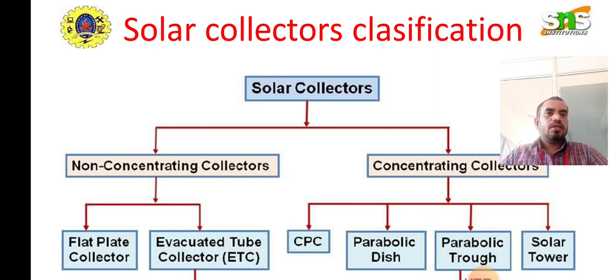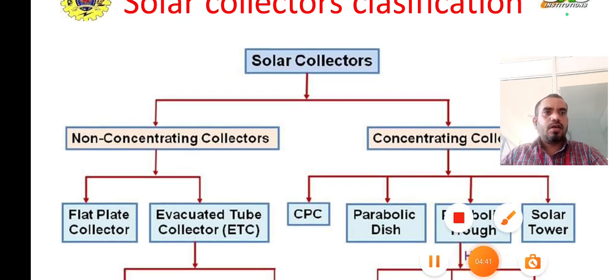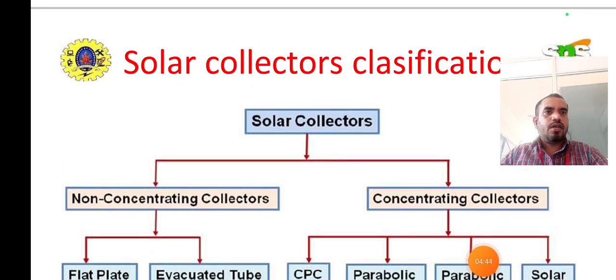When the radiation is transferred to it, the temperature of the fluid keeps increasing, which leads to generating the overall temperature. In non-concentrating or concentrating collectors, when it comes to liquid, we may majorly use water, and when it comes to gas, we use air. But there is also solar liquid which can be used in this type of collector.